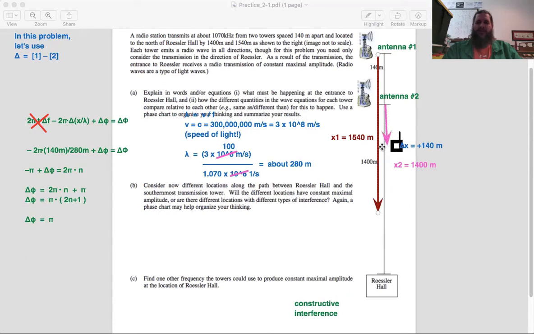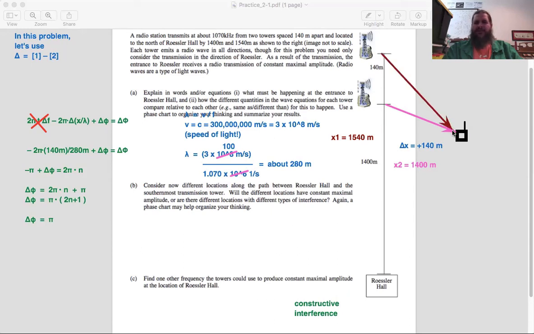If you move off the path, that could change things though. For instance, if you travel to here, then now we'd have this path, and I'll have to redraw this one because it's vertical. That path and this path.